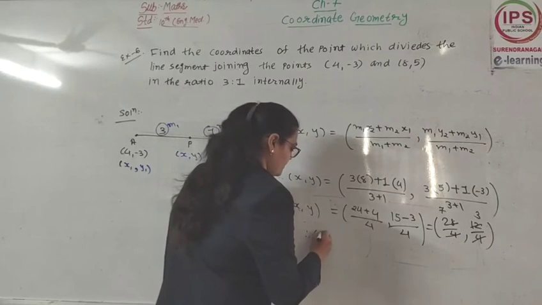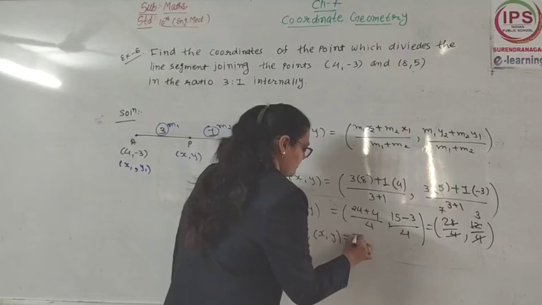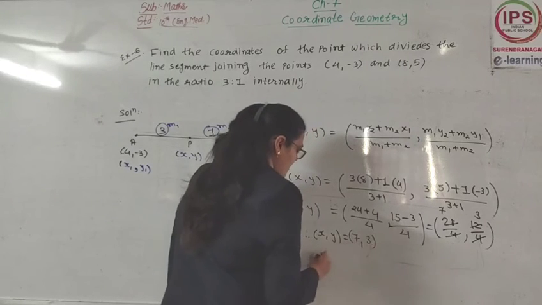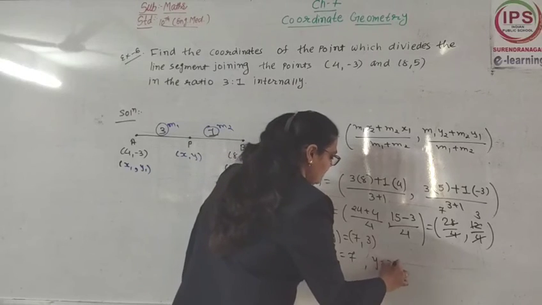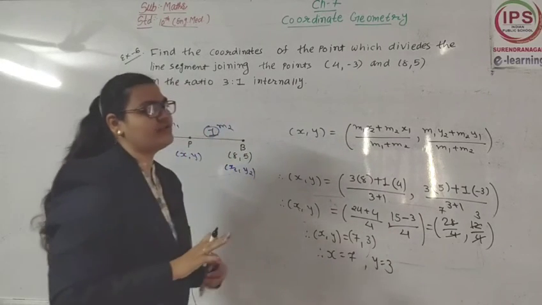Therefore x, y is equal to 7, 3. Therefore x is equal to 7 and y is equal to 3, and this is the solution.